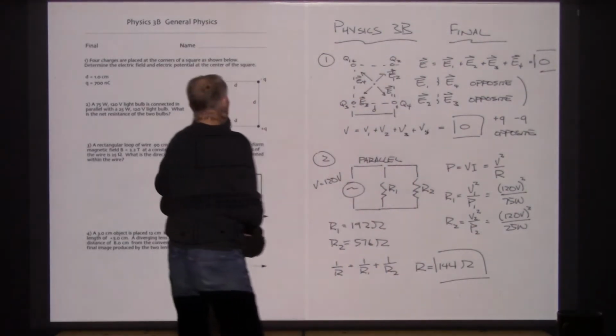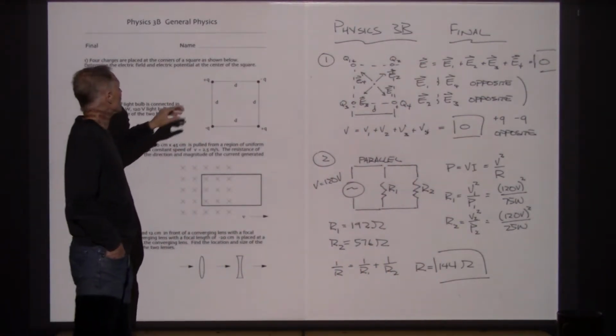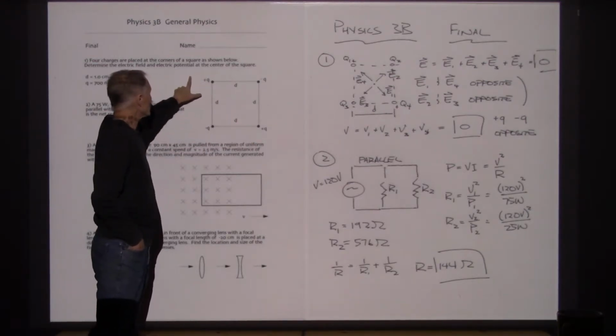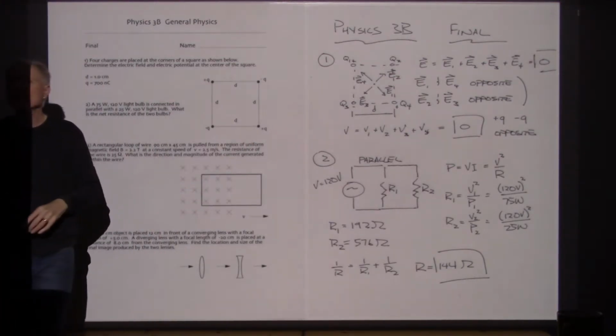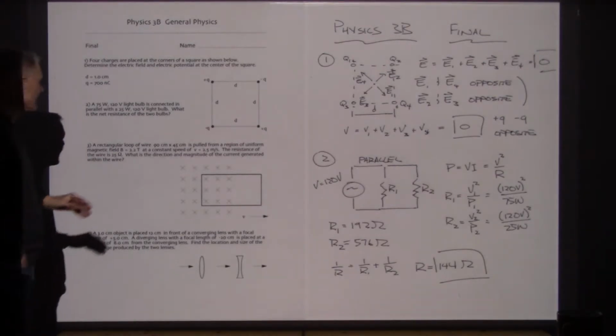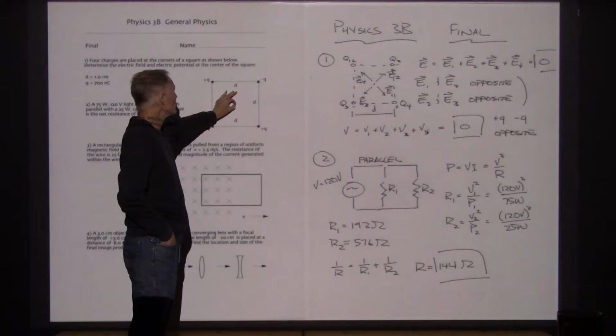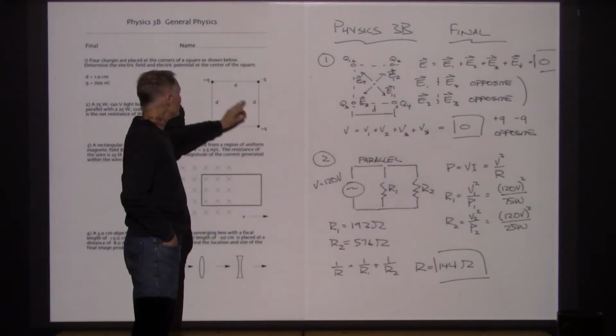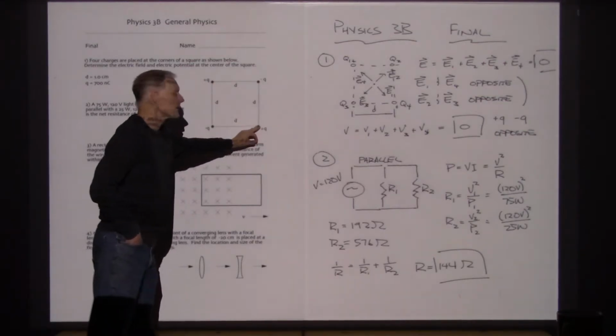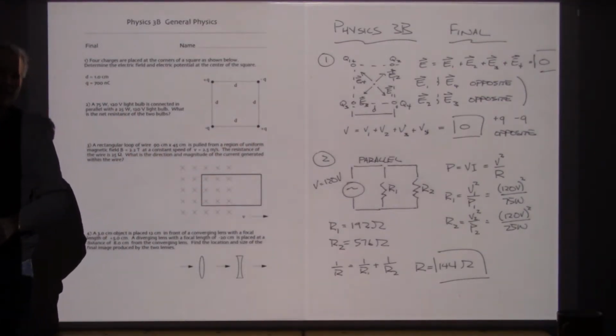Now, the way the charges are arranged here, notice that the plus charges are on opposite corners. And that says that if I were to place an additional charge at the center, that charge would feel forces from both of these. Those 2 forces would cancel out.